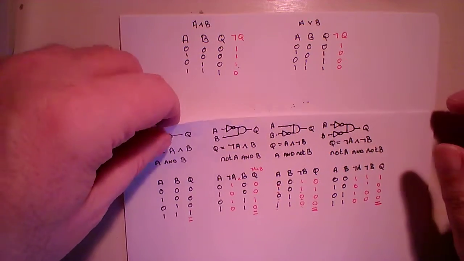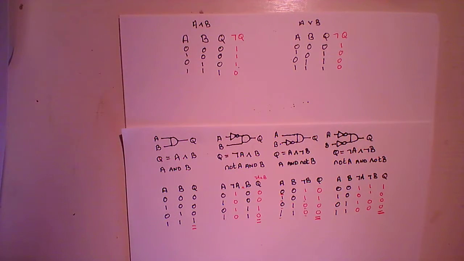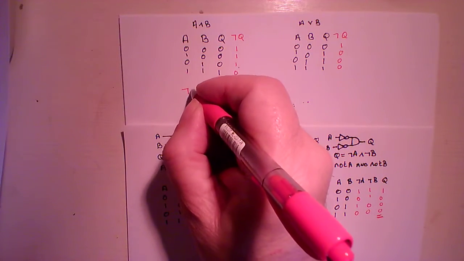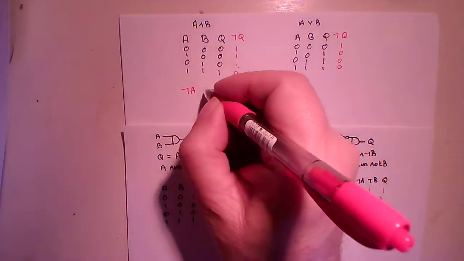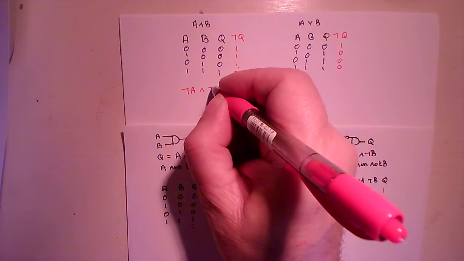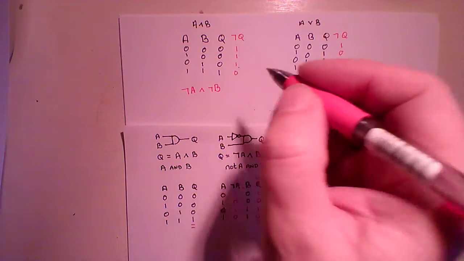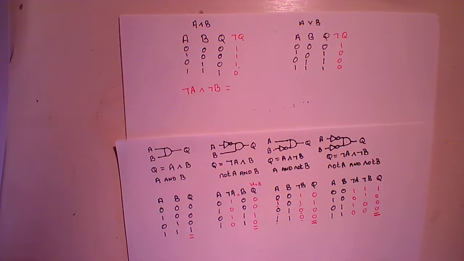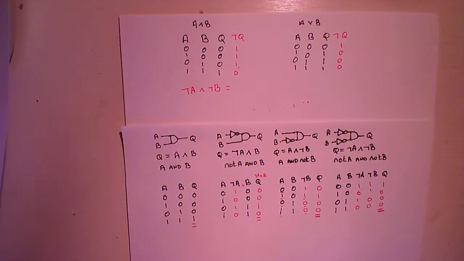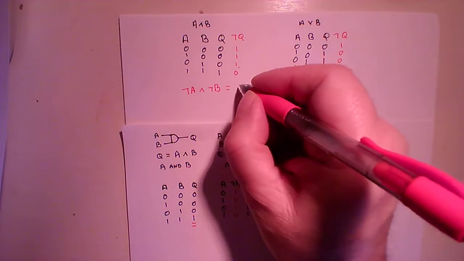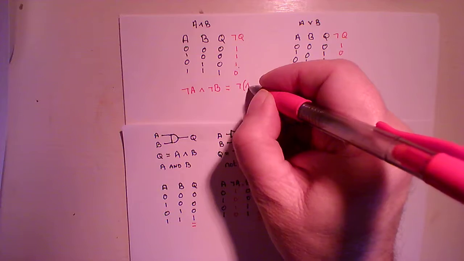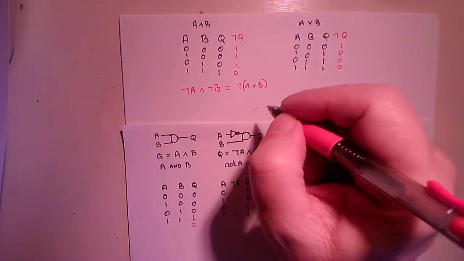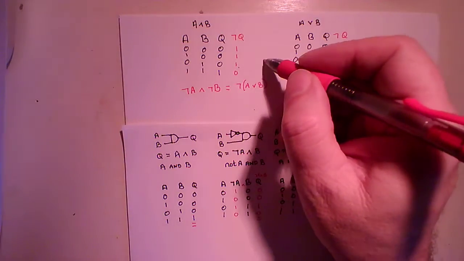So what I'm going to write down now is the result of that. If I've got not A and not B, then that is the same as saying not A or B. So really I'm looking at that one there.